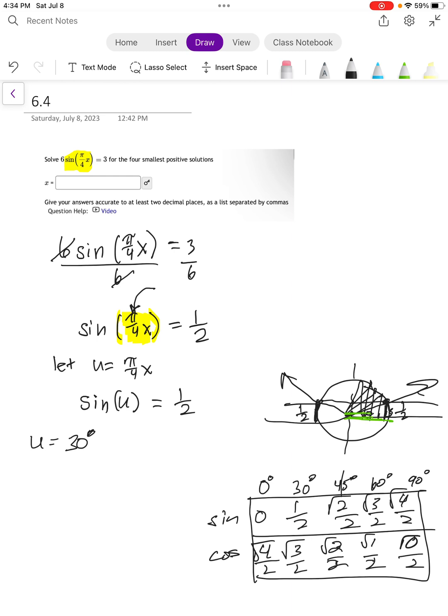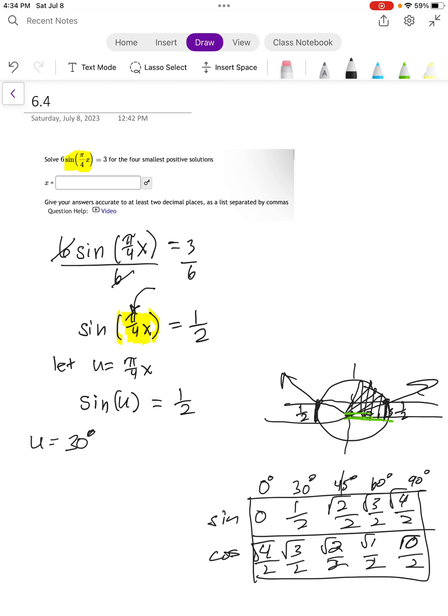Because they did not specify if they want their answer in degrees or radians, I'm just going to assume this answer is in radians. Also, because of the pi over 4, pi is usually used when we have radians.